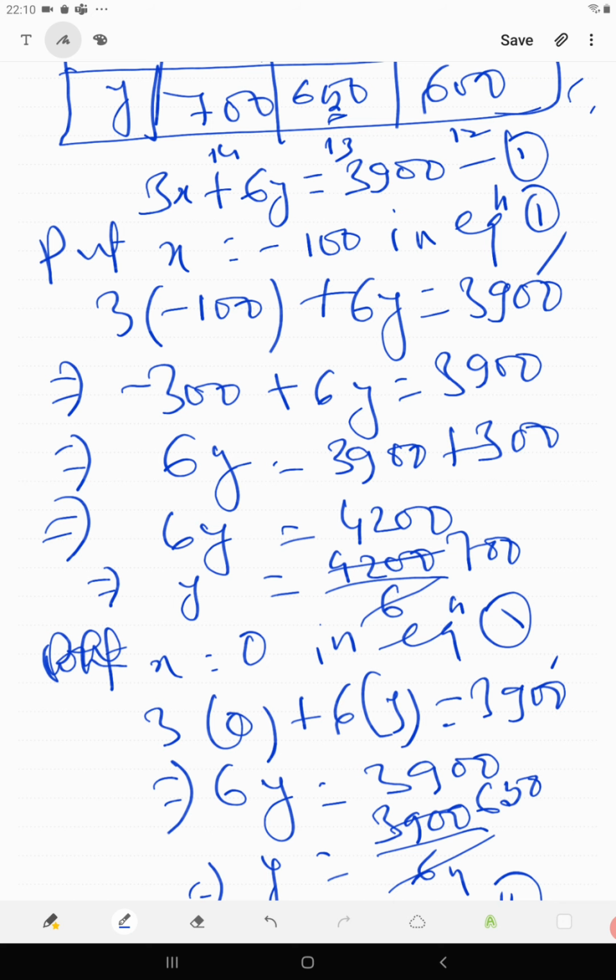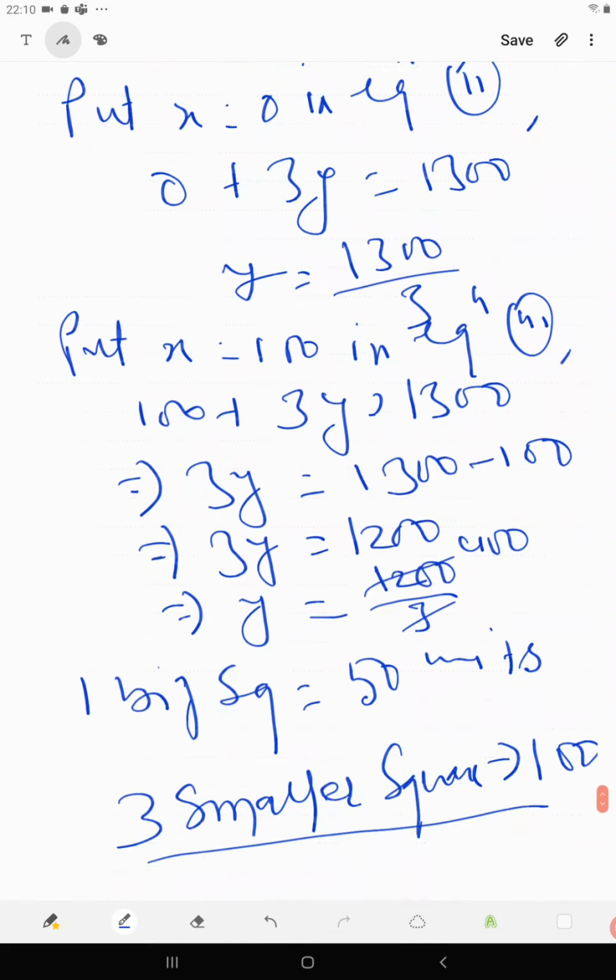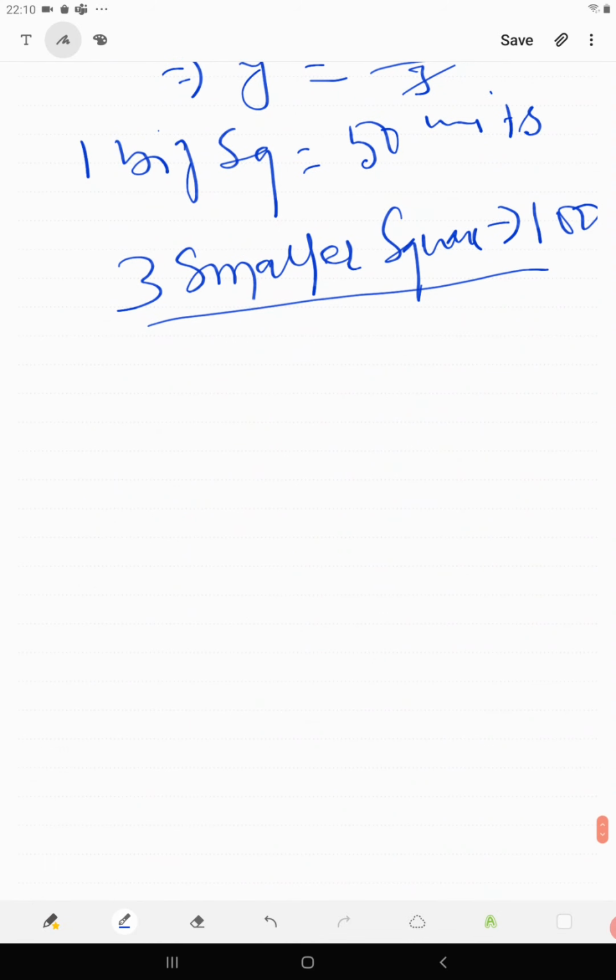Okay, so the third problem is: the cost of 2 kg of apples and 1 kg of grapes on a day was found to be rupees 160. So we don't know the cost of apples and grapes.